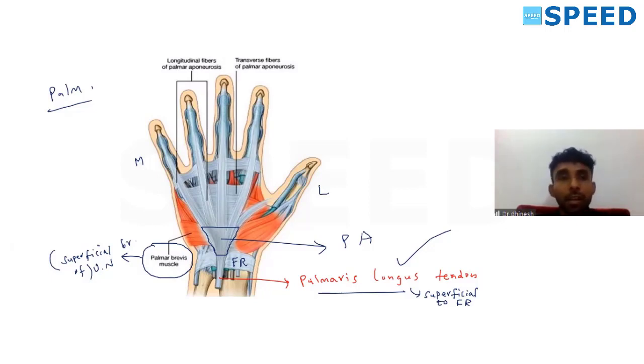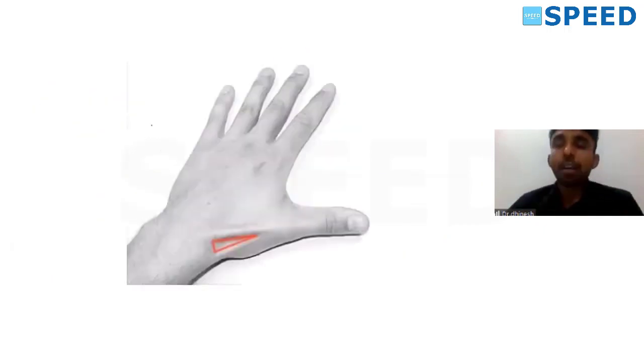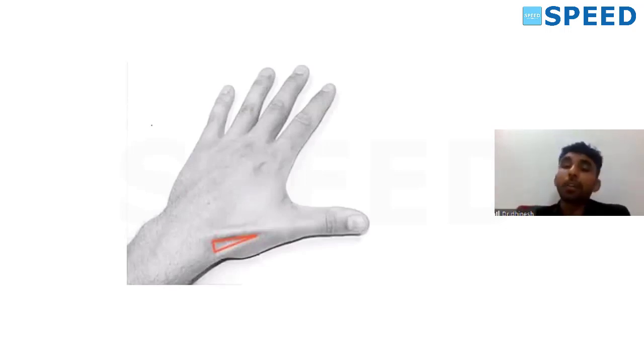Let's move to the last topic of today's session. We were talking about the carpal bones, important questions related to the carpal bones, followed by palmar aponeurosis. So the last topic of today's session is, any idea about the area you are seeing here marked in red color?